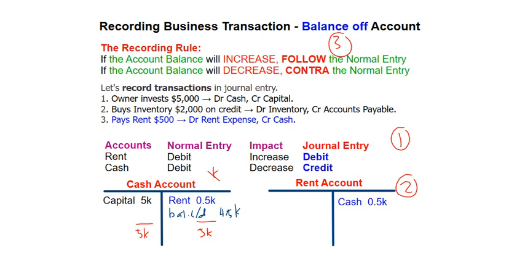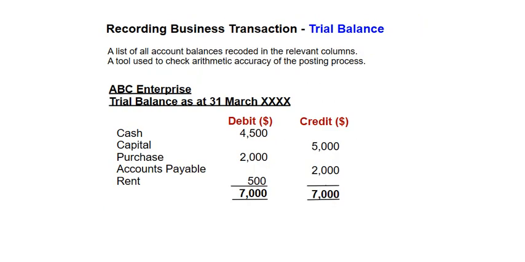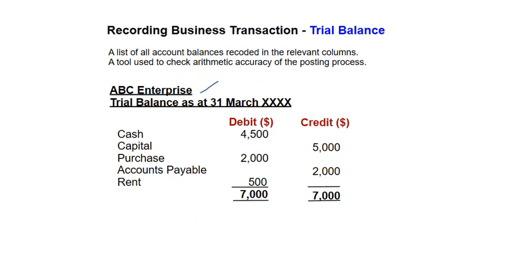What's next? After we have closed the account, we will be using the trial balance to check whether whatever we have done from the journal entry, posting, and balancing of the accounts is actually correct. How do we go about it? You just need to write the title and when you perform this trial balance, and list down all of your account balances that you have used for the period that have balances.